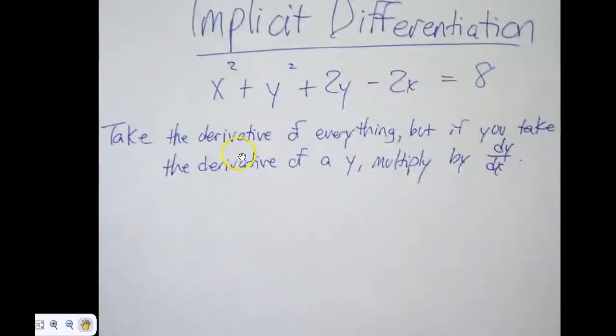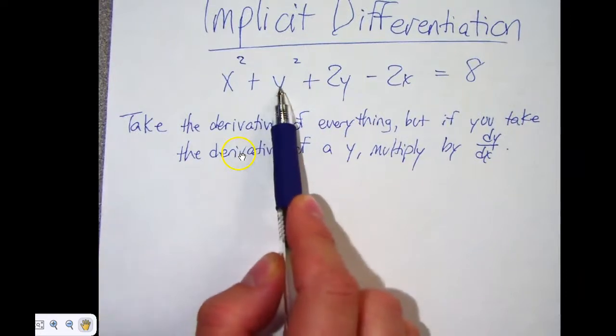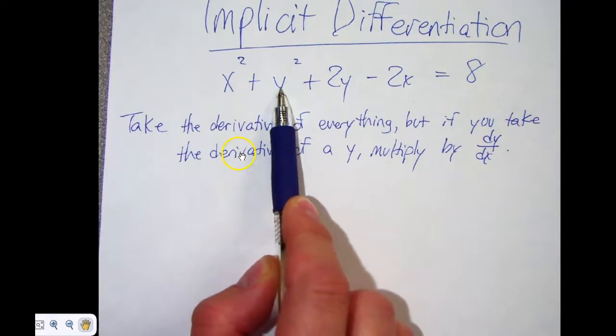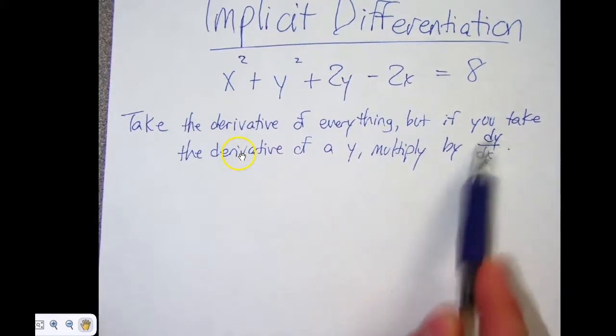And what does dy over dx mean? It means derivative. So we're assuming there's a y in there, and when we do the derivative, that's really a chain rule situation, so we have to multiply by the derivative of that y. And then we get this in our equation.